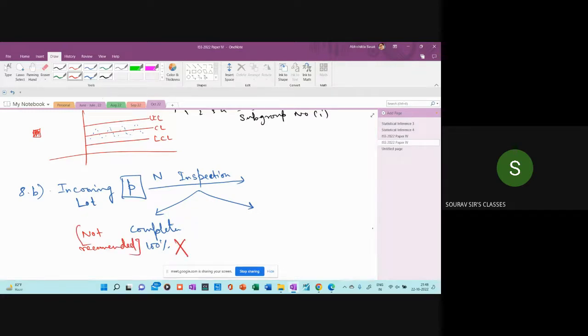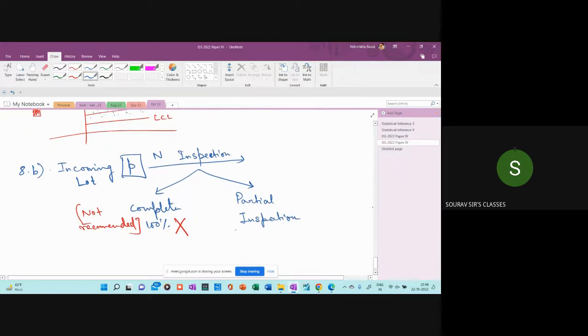Or there comes partial inspection, which is known as acceptance sampling. Then we have the outgoing lot. So this is what is called acceptance sampling.